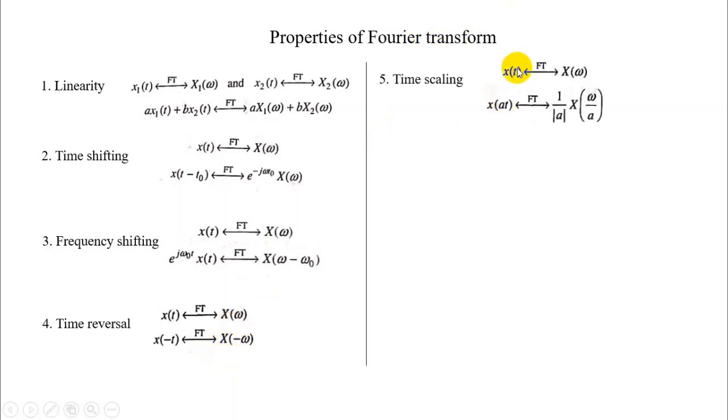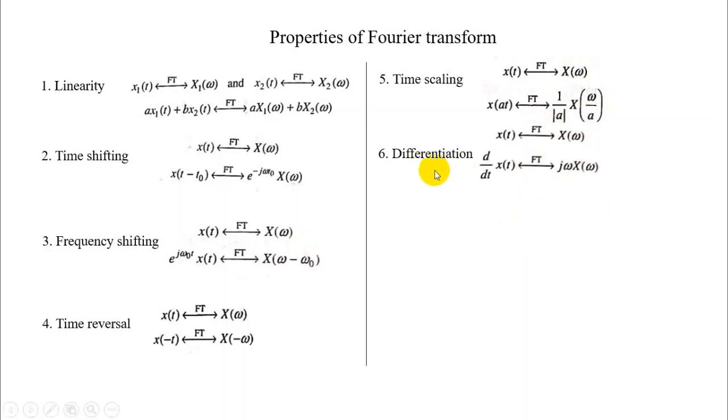Another one is time scaling. If you have a known transformation from x(t) to X(omega), and you have to determine the transform of x(at), you just replace X(omega) with X(omega divided by a) multiplied by 1 divided by mod of a. The important thing here is that you need to use the magnitude of a.